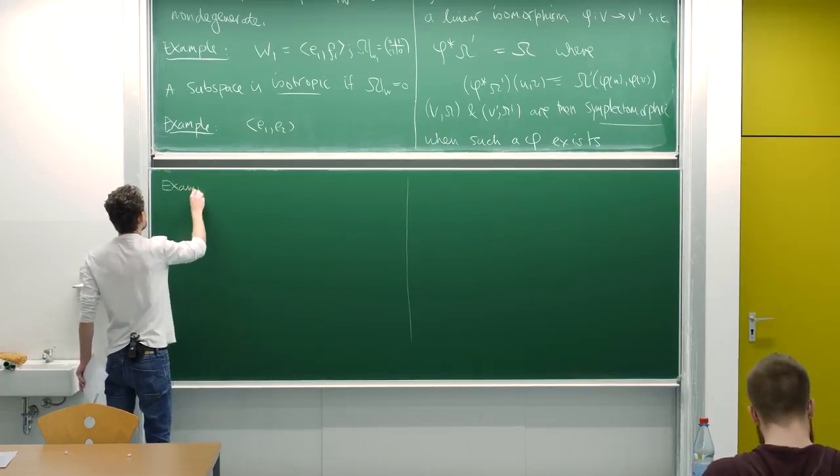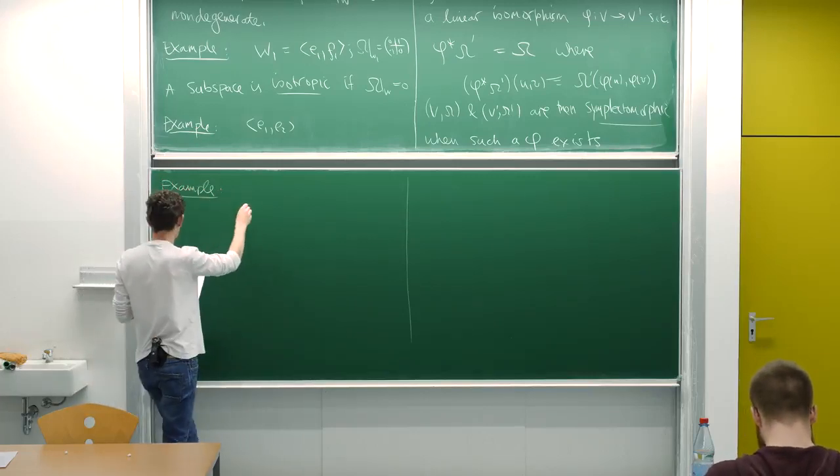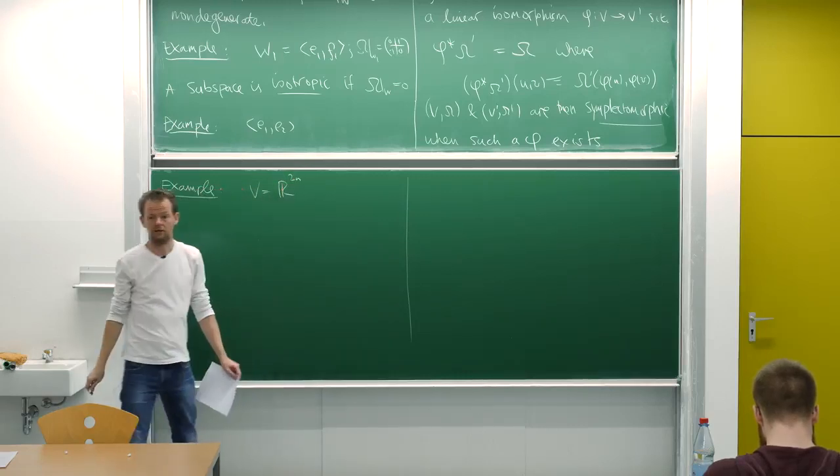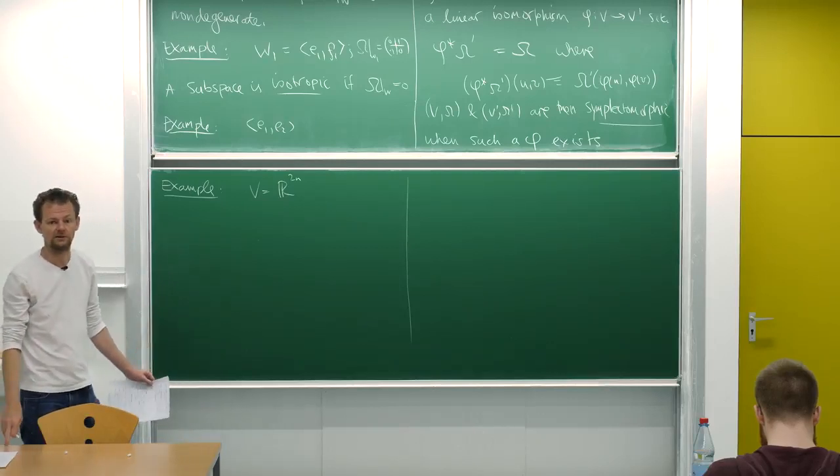Here's an example of a symplectic vector space. And this is, as we'll see, in some sense, the only symplectic vector space.